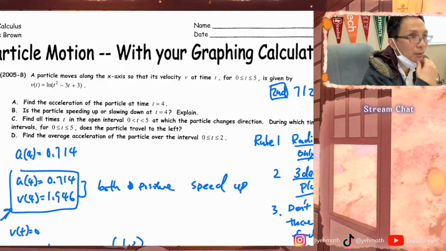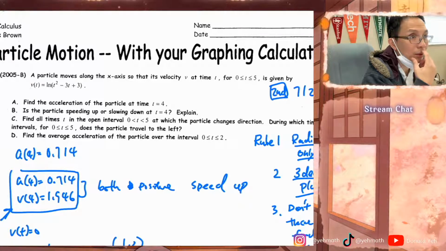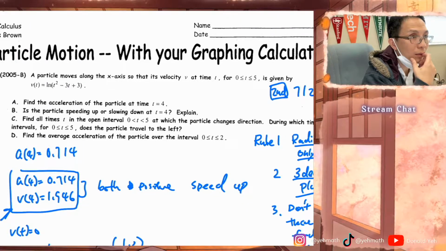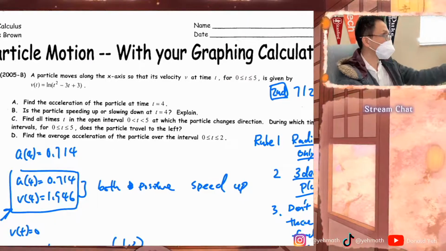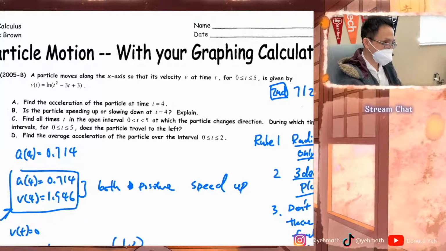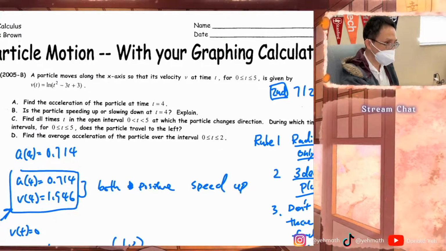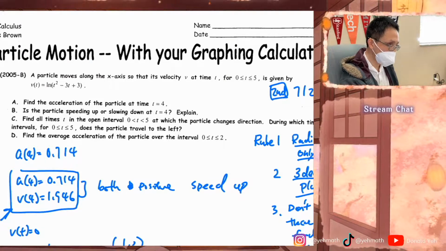Why do you have 2u to the 5? It's just a math mistake, but you know what you're doing. You know how to do the first one. You didn't finish, but that's okay. I can live with that.